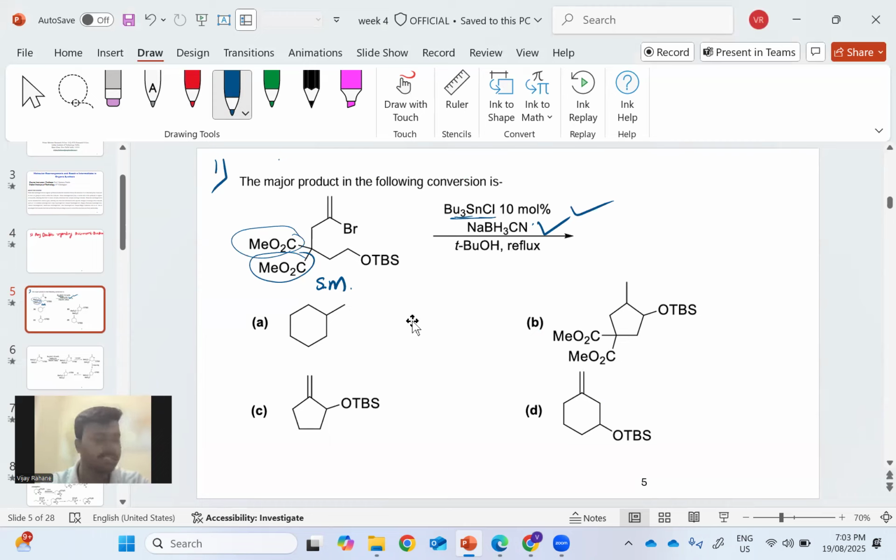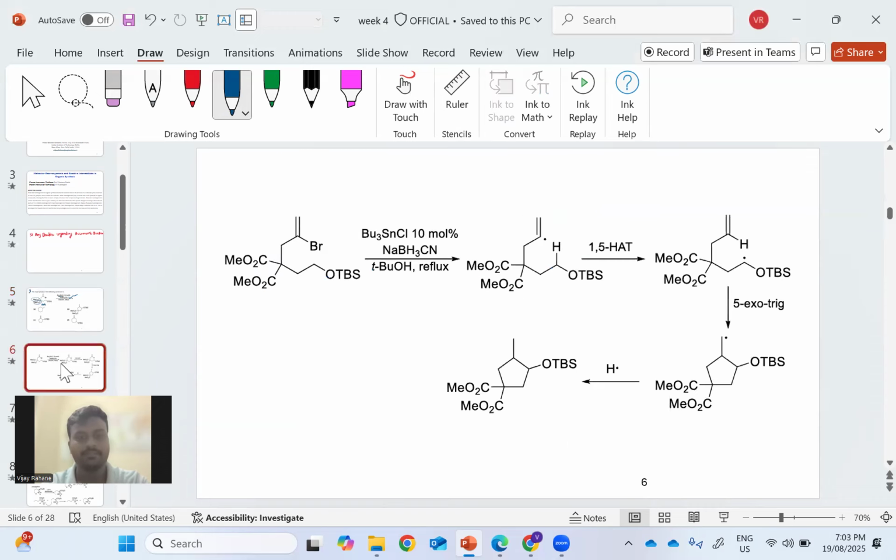In this question, you have the starting material with two ester groups and one vinyl bromide, right? What happens when this starting material reacts with tributyl tin chloride? It gives a radical at the vinylic position.